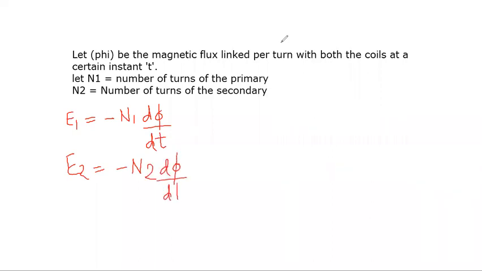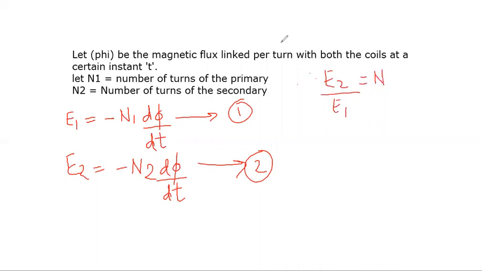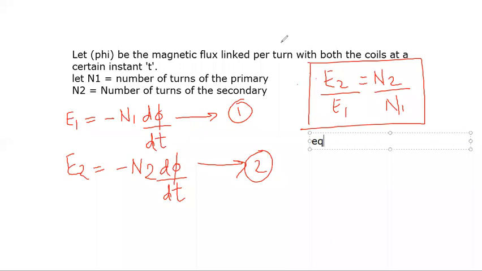You will see that in both the equations the flux is the same because we're getting the same flux from the primary to the secondary. That's an ideal condition: whatever flux was linked to the primary will be the same flux linked to the secondary. I'm calling this equation number 1 and this equation number 2. Therefore, if I divide E2 by E1, I will get N2 by N1. This is called the equation of the transformer.